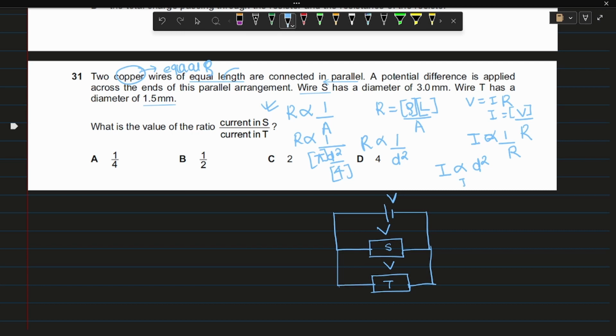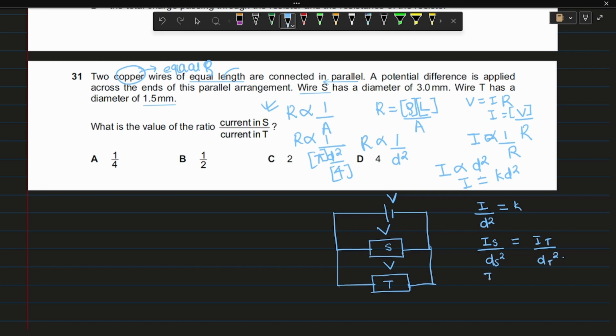When we simplify this expression, we get I equals k d square. Now let's bring all these terms to the left hand side and k will be on the right hand side. Now we can also write this as Is by ds whole square is equal to It by dt whole square.